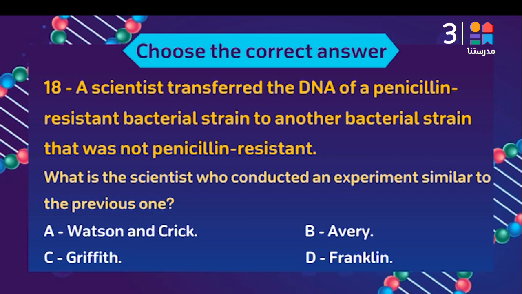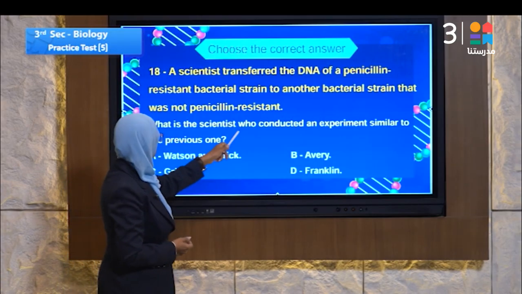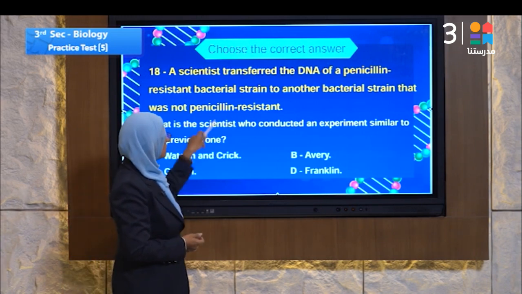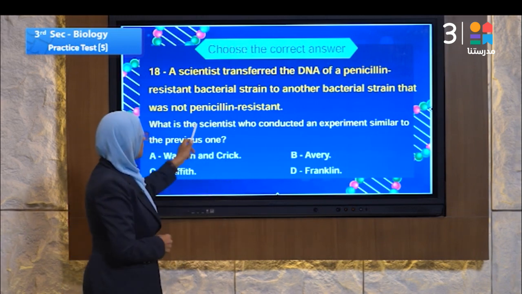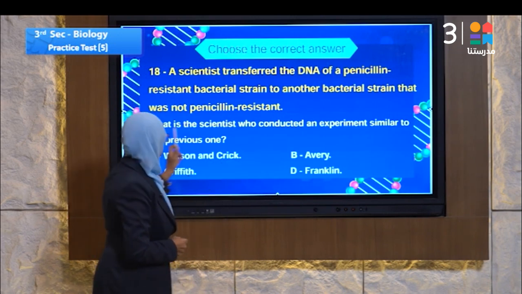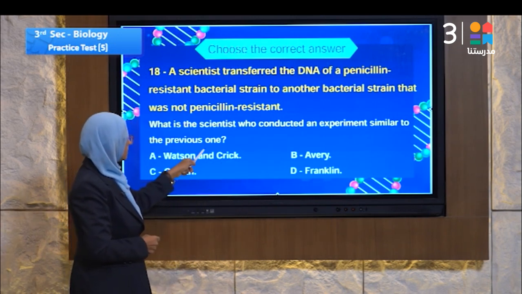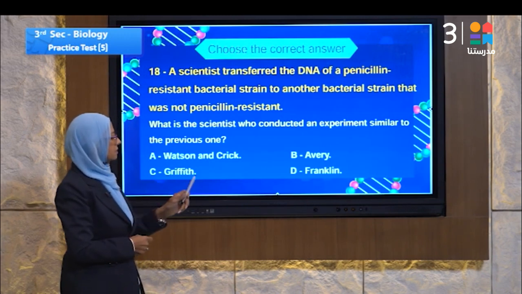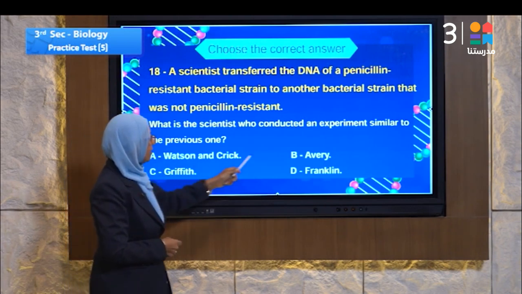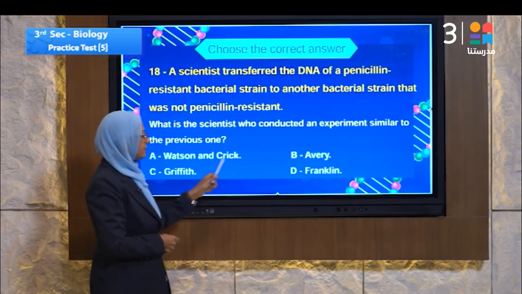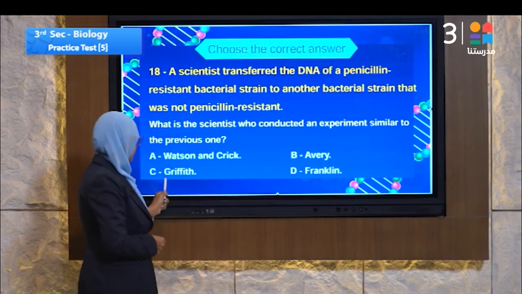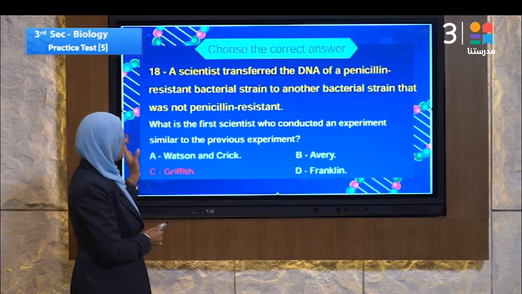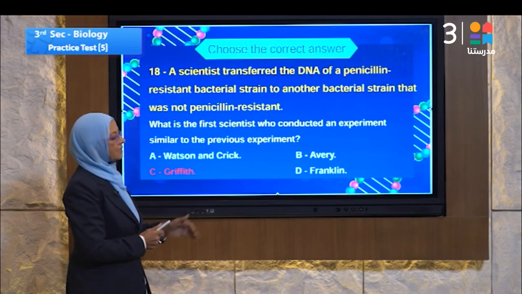One of them resists and the other does not. Which scientist conducted an experiment similar to this one? Watson and Crick? No, they didn't do it. Avery? Griffith? Franklin? No, it must be Griffith. The answer must be Griffith, who made this experiment.